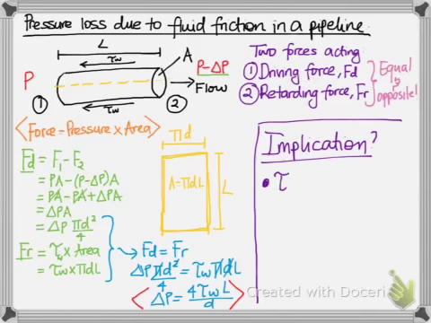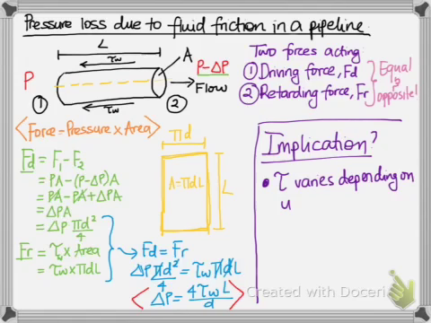So tau varies depending on u, the pipe velocity, and the pipe velocity will also affect the Reynolds number. The Reynolds number will determine whether the flow will be laminar or turbulent.